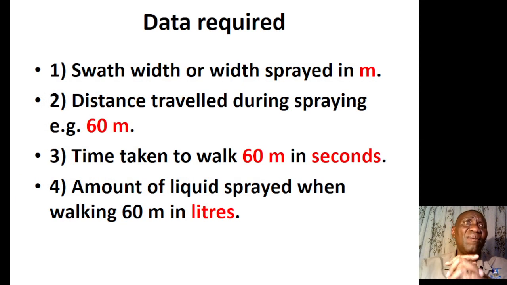So this will lead us to this kind of data. Number 1, swath width or width sprayed in meters. Distance traveled during spraying, that will be 60 meters. But it can vary. If you want to walk 30 meters, it's up to you. Or 100 for that matter. Time taken to walk 60 meters in seconds.